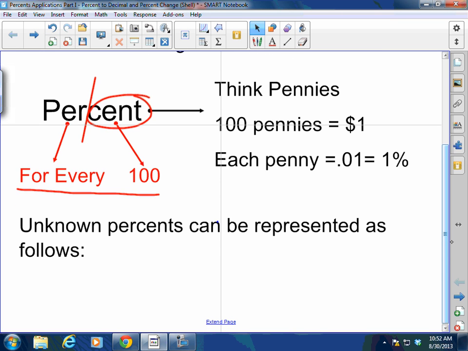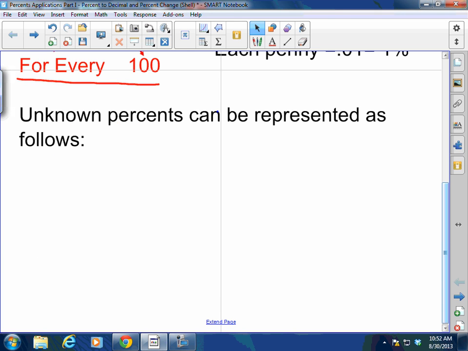Now, unknown percents can be described as x over 100. That is the best way to represent an unknown percent. Why? Because whenever you divide by 100, you're moving the decimal 2 places to the left. And since you cannot work with percents, you always have to turn them into decimals. This is a great way to represent it.